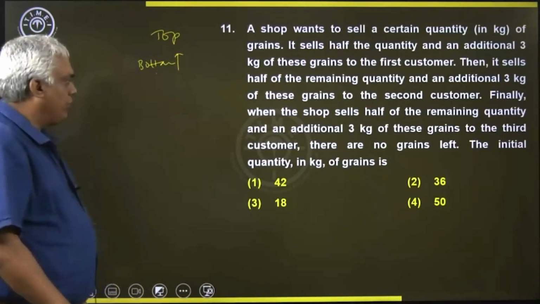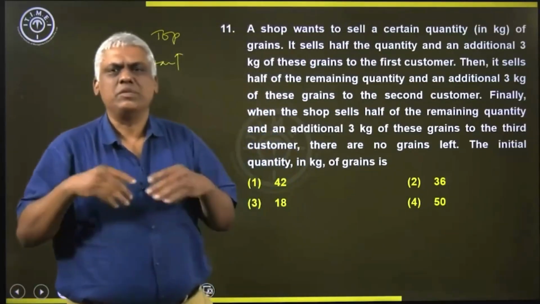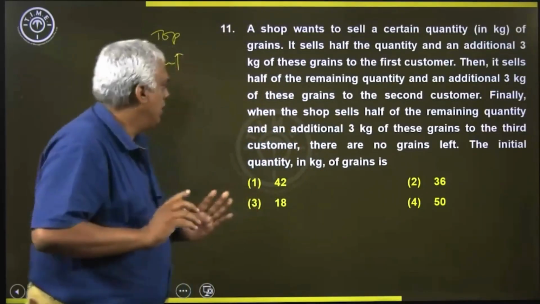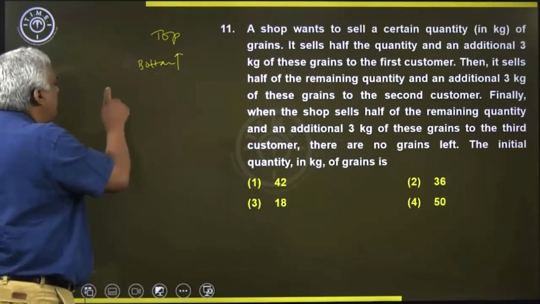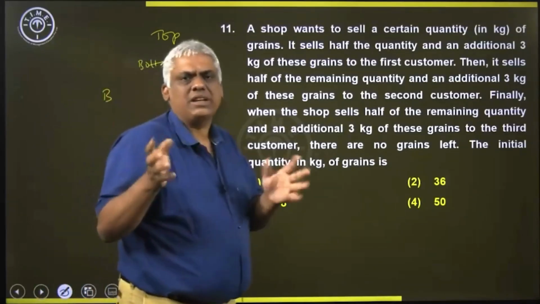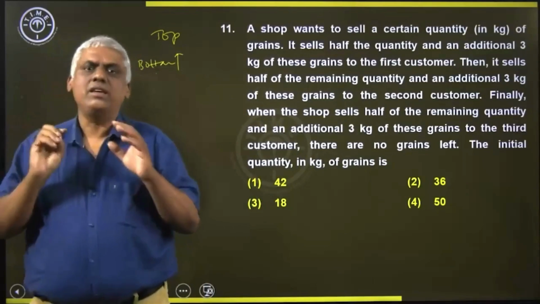Now, she's selling to the first customer, second customer, third customer, whatever the number of customers. Let's say I'm not saying the first customer, second, third, whoever comes, any customer. Let's say the grain before she is selling is B.